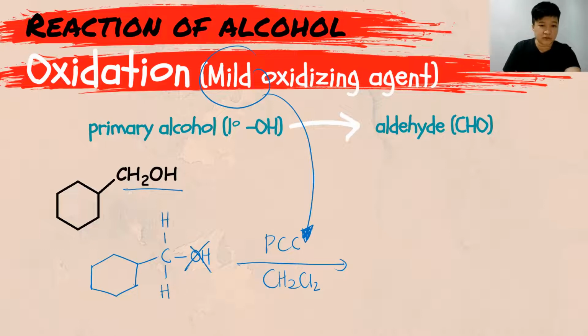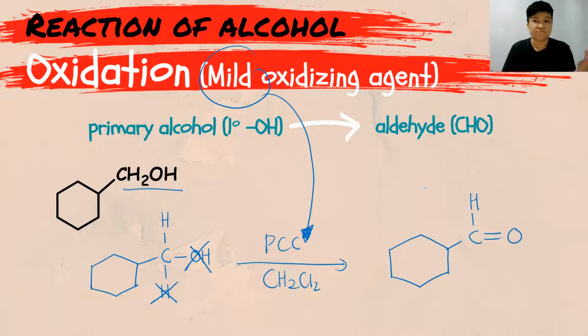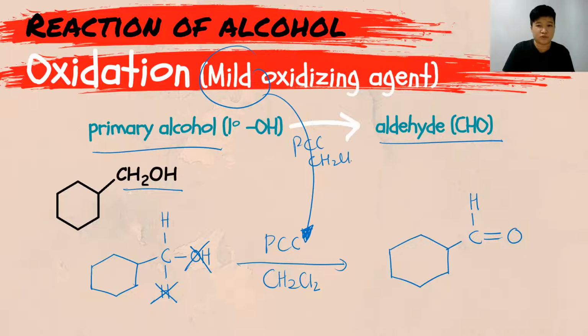The OH removed, the H removed, so you only replace with double bond O. The hydrogen remains because it's not strong enough to oxidize everything. Easy? Simple. So your primary alcohol becomes aldehyde when you are using PCC in inert solvent.